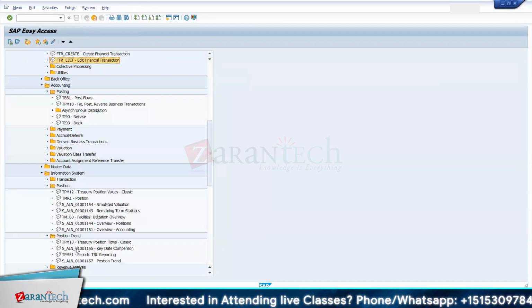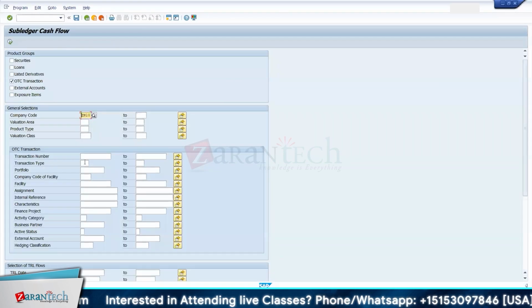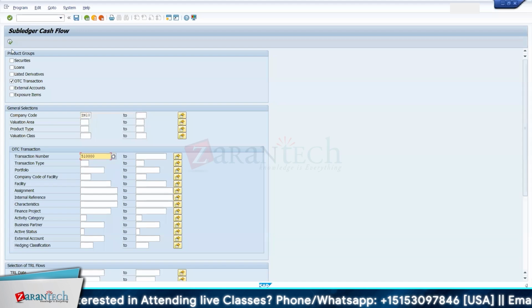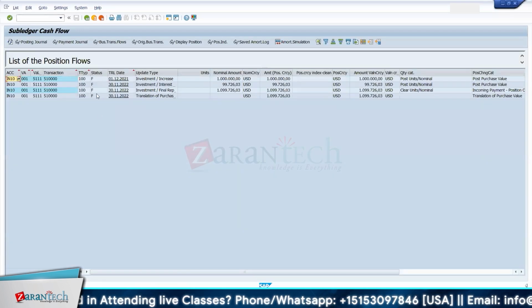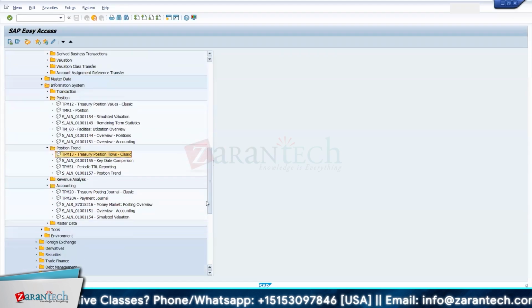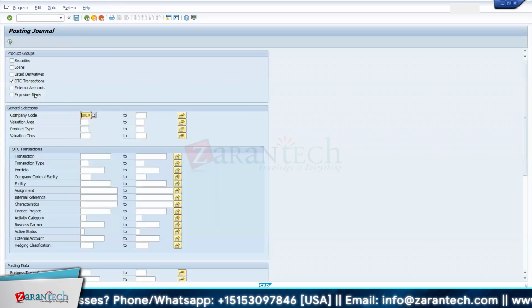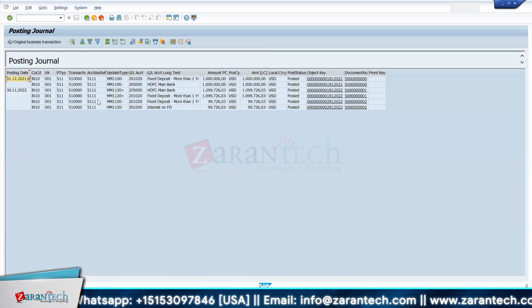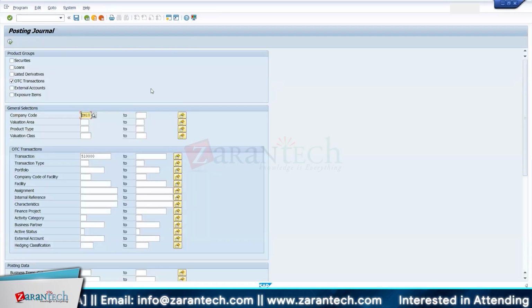Then if you go to TPM13, all flows should have been fixed. Then if you go to TPM20, accounting, here you'll see all this accounting, document number wise details. So friends, this is one end-to-end flow of one treasury product.